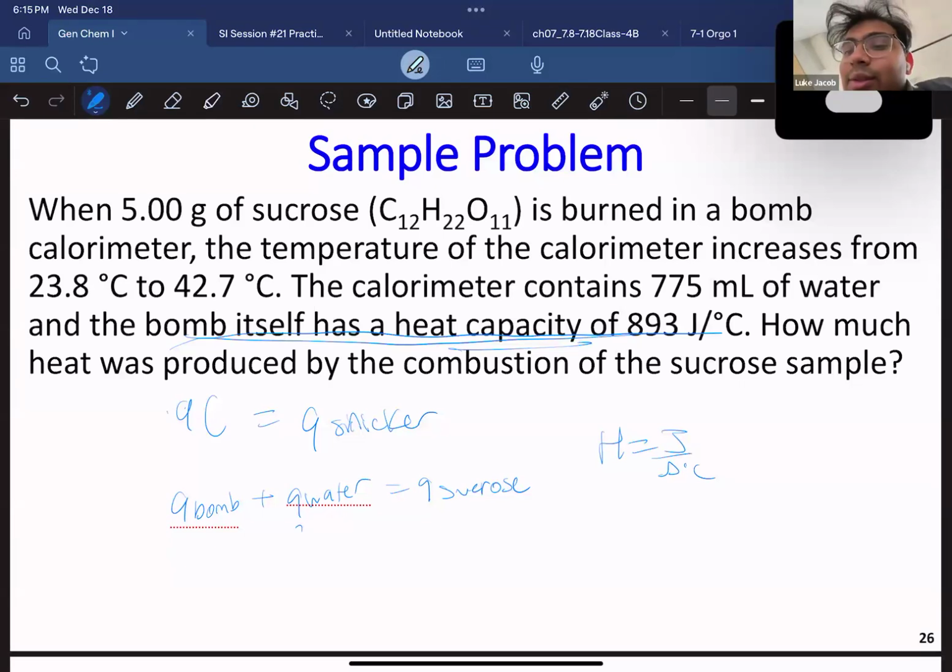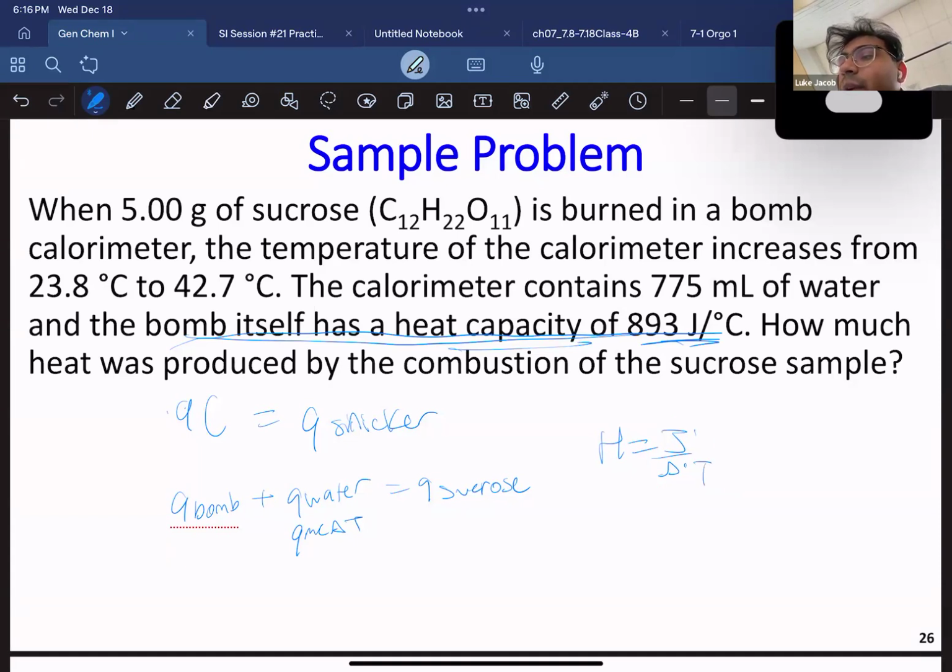So the first thing is to use Q equals mc delta T to figure out the water. And for the bomb, you have to use the heat capacity. This is the heat capacity, joules per degree Celsius, and you multiply that by delta T, because heat capacity is joules over delta T, and delta T is the change in temperature.